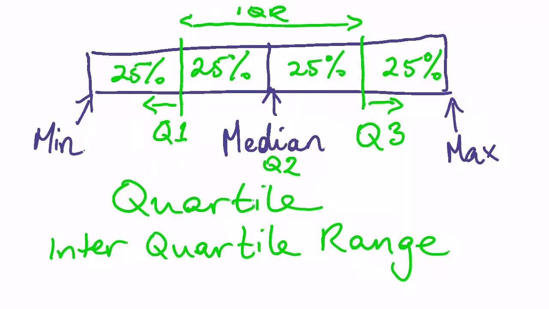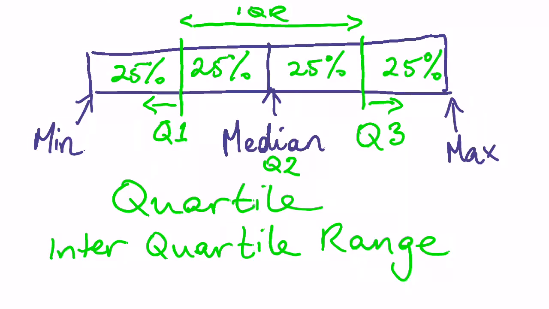So even though it's not on the slide, I'm going to use that example in a moment, and I'm going to calculate Q1 and Q3. Now the quartiles are calculated in exactly the same way as the median. We choose all of our values and then we just find the middle value.